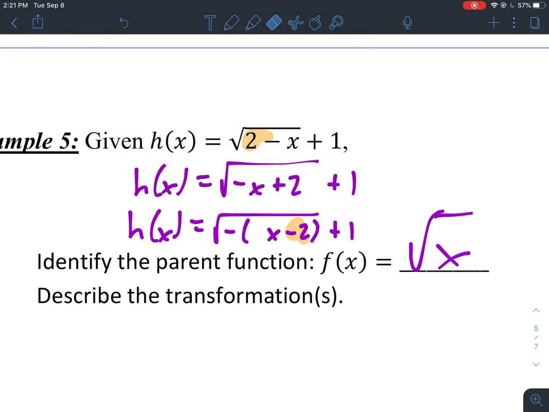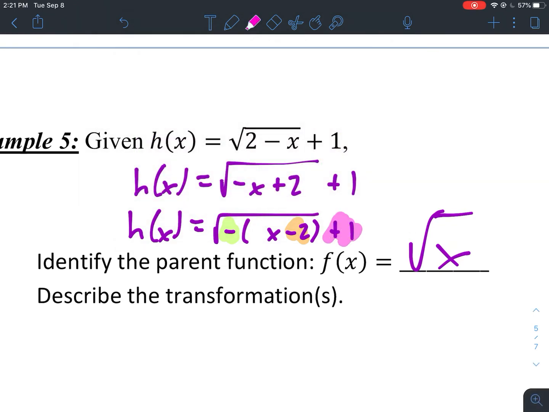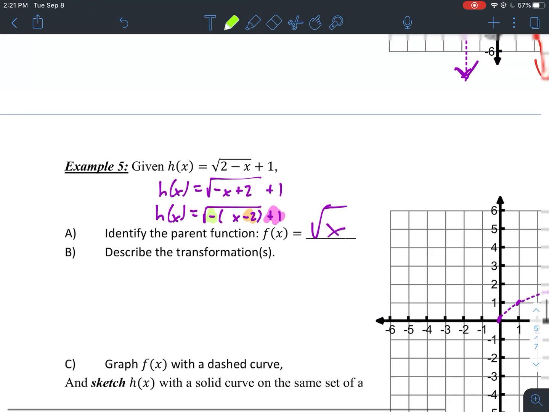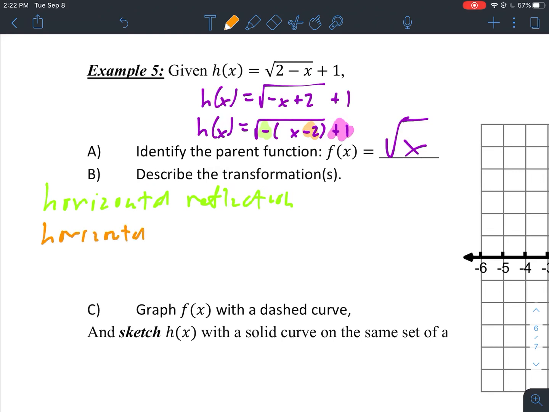All right, so let's go ahead and take a look at the 3 transformations happening here. I got one highlighted already there in orange. Here's a second. And then here's a third one. Not in any order. So the first one I already talked about, that is a horizontal reflection. Hopefully you can see my light green pen here. The second one is a horizontal translation.